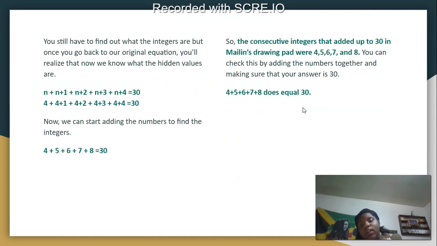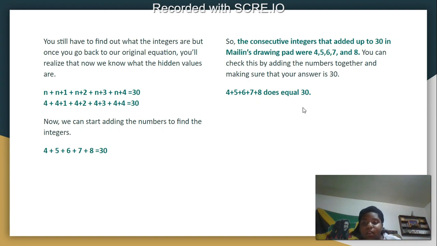And you still have to figure out what the integers are, but once you remember our original equation, you realize that now we do know what the hidden values are. So now we don't have to write n anymore. We can write 4, because that's what the n was representing. So rewriting the problem, it would be 4 plus 4 plus 1 plus 4 plus 2 plus 4 plus 3 plus 4 plus 4 equals 30.